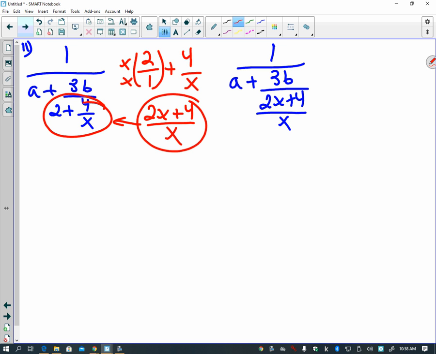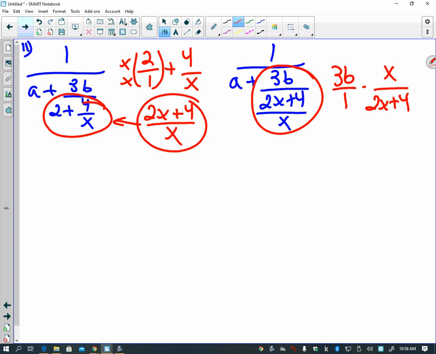What am I working with now? 3b over 2x plus 4 over x. I am taking 3b and dividing it by the fraction that we just solved for. I am multiplying by a reciprocal. So I have 3b over 1 times the reciprocal, x over 2x plus 4.